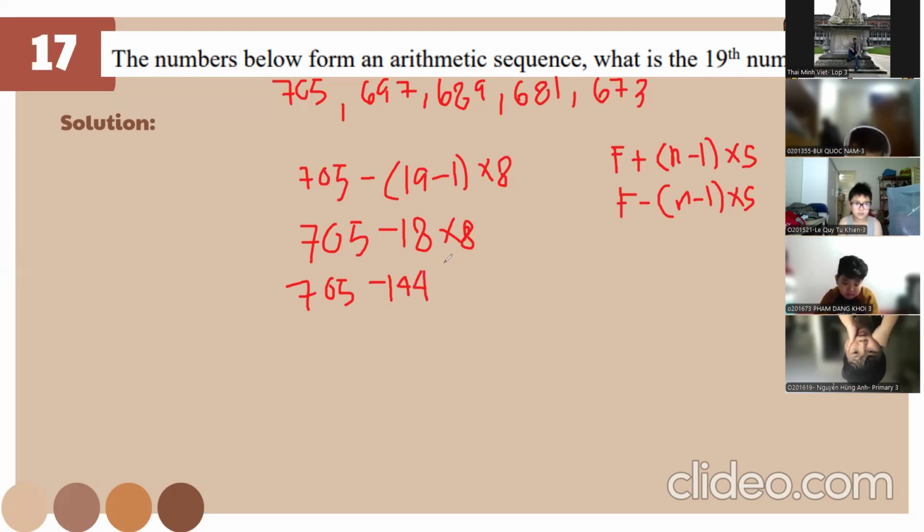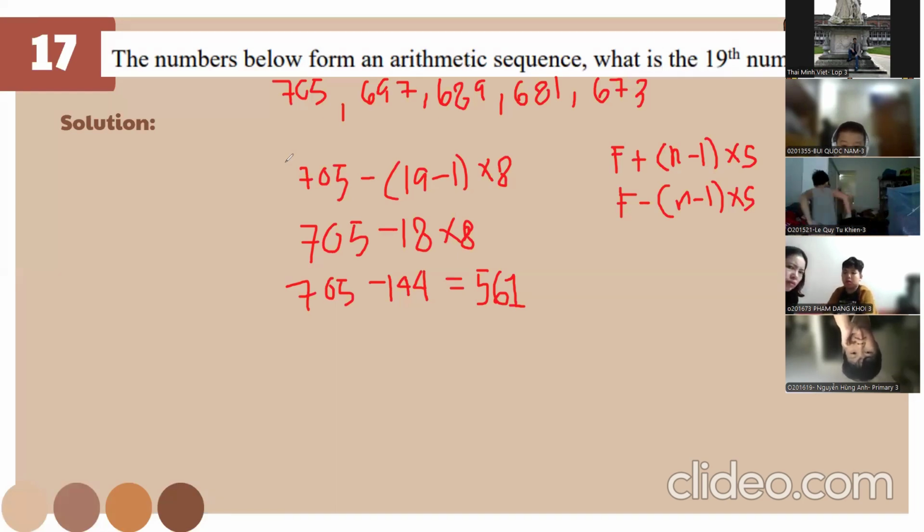So we'll have 561. Okay? So, okay class, I'll give you 5 seconds to screenshot this one. And we can go on further. So, screenshot. 1, 2, 3, 4, and 5.